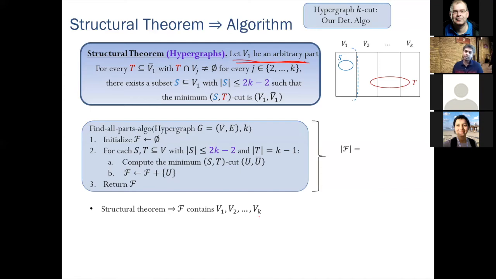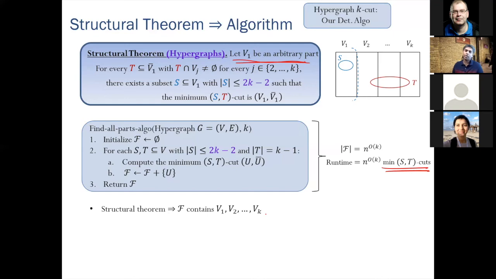Now, what is the size of the family? Well, it is n to the order K. And the time to compute the family is n to the order K min ST cut computations. Recall that min ST cut in hypergraphs can be solved in deterministic polynomial time. So we now have a polynomial-sized family F containing all parts of the optimum K partition.